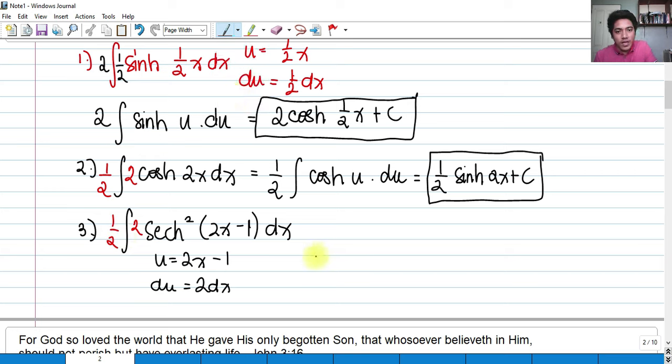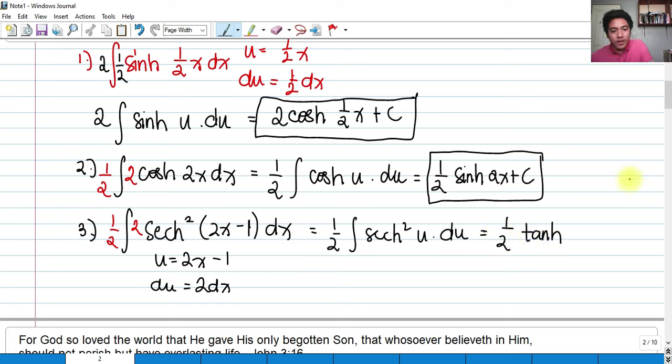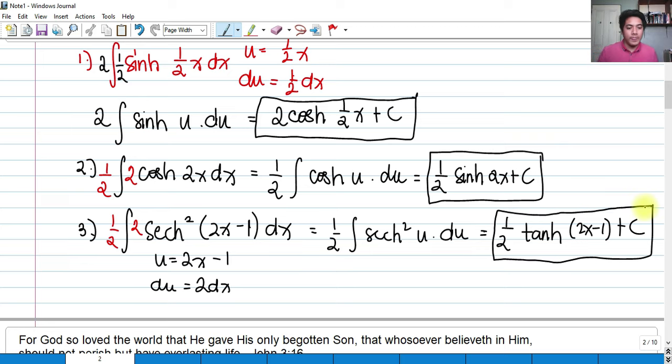So what will happen here is that we will be having 1/2 integral of hyperbolic secant squared u multiplied by du. And our formula for this is simply that the integral of hyperbolic secant squared u du is equivalent to hyperbolic tangent. So we have 1/2 hyperbolic tangent of 2x minus 1 plus c. I've already substituted the value of u, which is 2x minus 1, for our final answer.